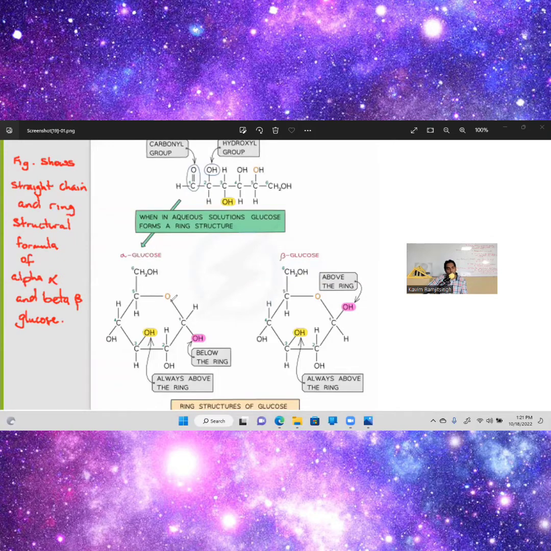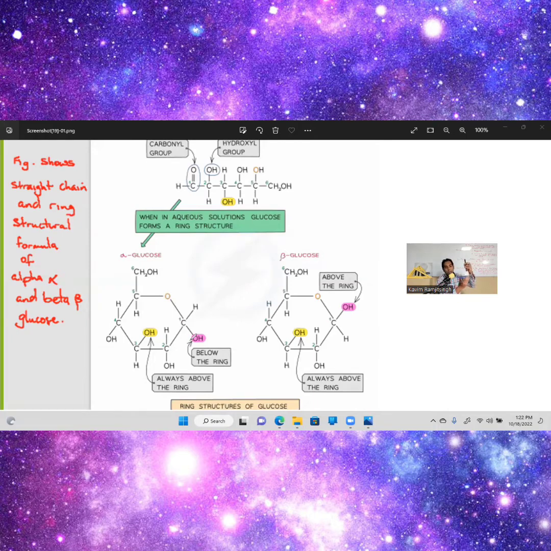Most of my CSEC students would have seen me draw this when we were looking at polymers in CSEC chemistry, and then we went to the simple diagram. So you think about this now, where you hold it up like so, and you see the OH below the ring and above the ring.